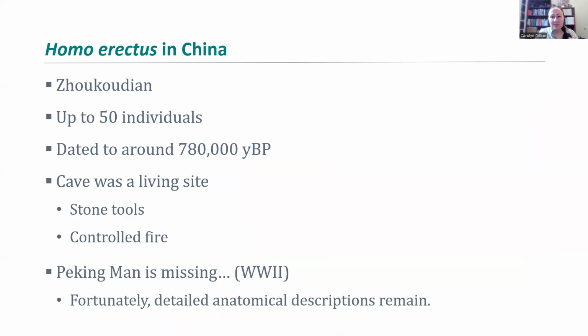In the 1920s and 1930s, remains of up to 50 individuals were found in China at the site of Zhoukoudian, not my native language, including several nearly complete skulls. Now, these fossils date to over 400,000 years ago.